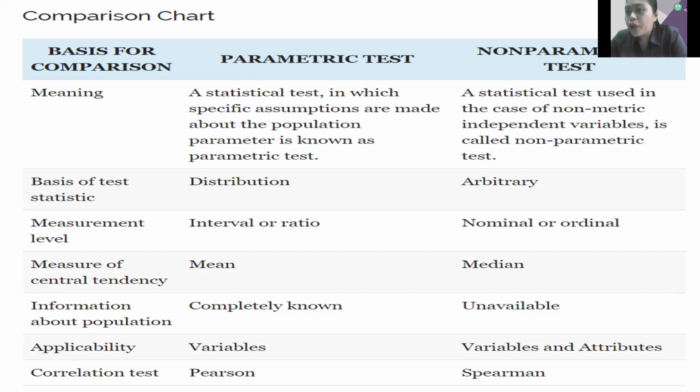Or if you're going to check it with like the skewness, kailangan masatisfy yung required number for the skewness. And when you say normality of distribution, it means we don't have outliers or extreme values.